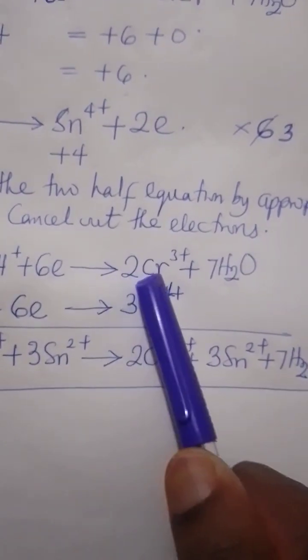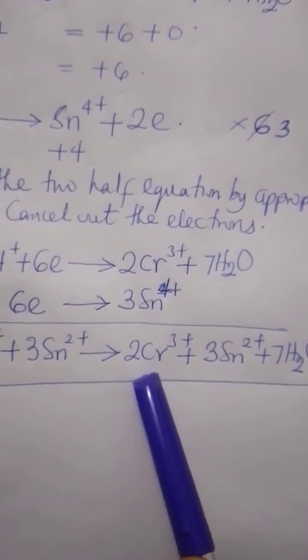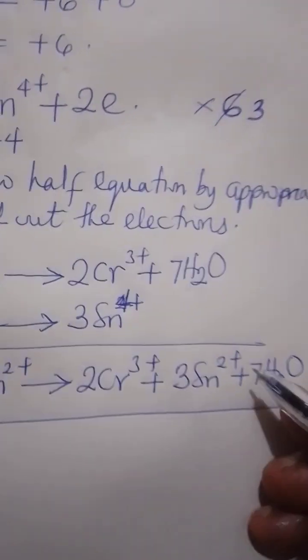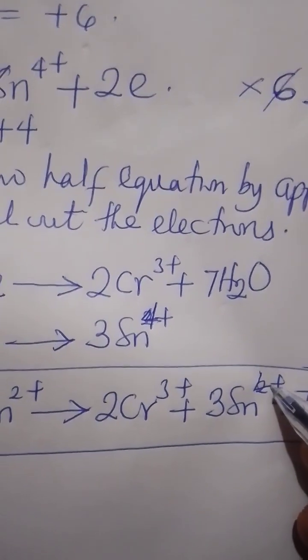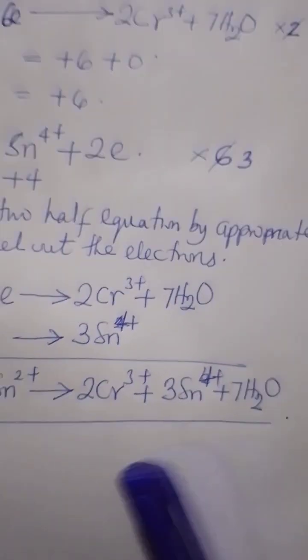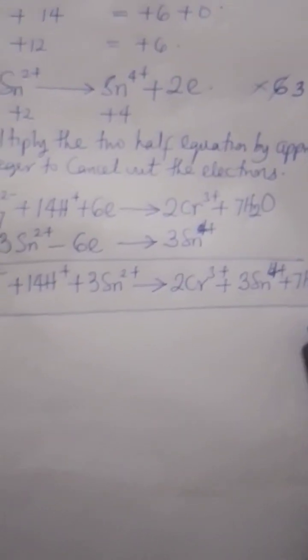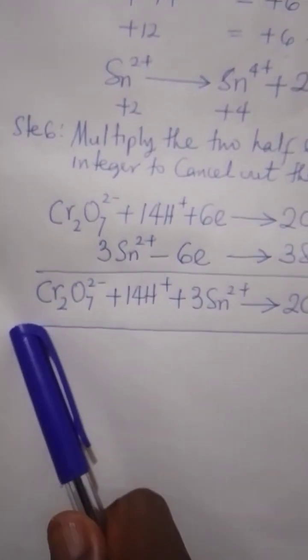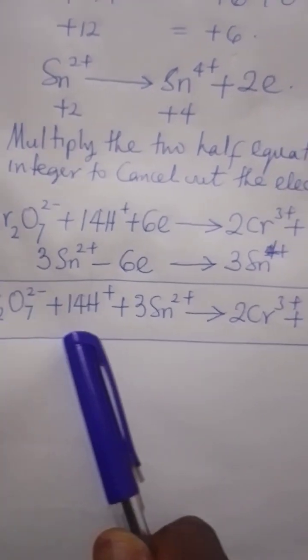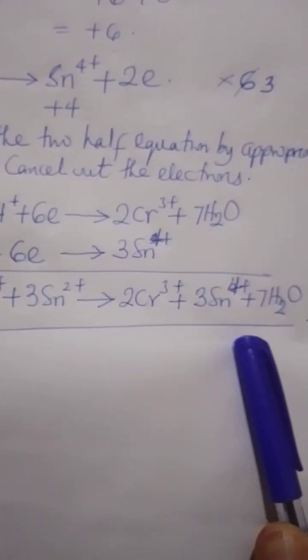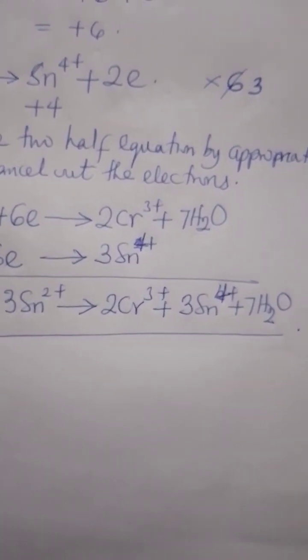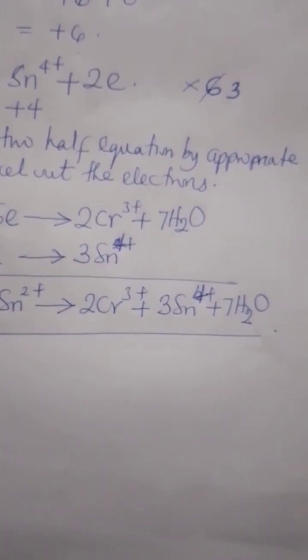So we have 2Cr3+, 3Sn4+, I beg your pardon, this is 4+, then plus 7H2O. So this is our balanced redox equation in acidic medium.